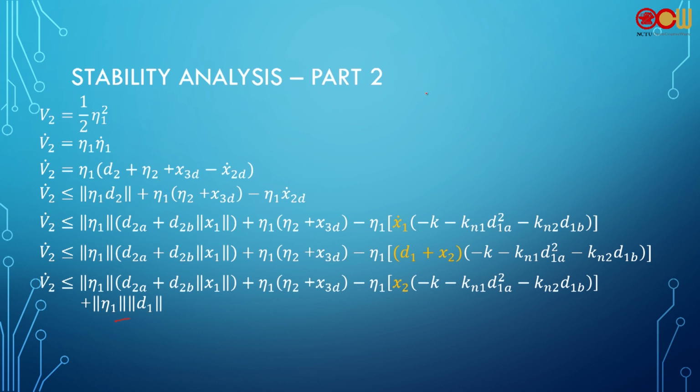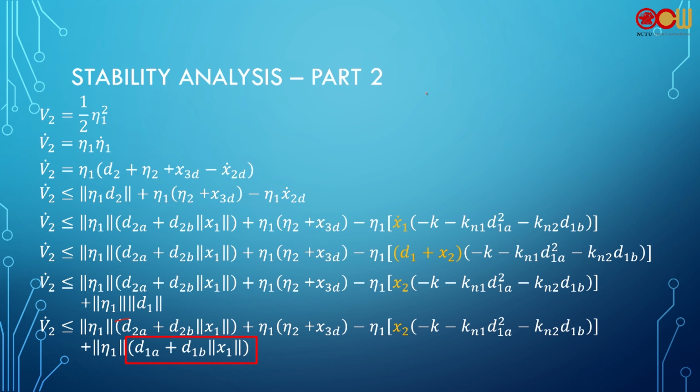So we further upper bound this equation by this. D1 times eta 1 can be further bounded by this. And D1 norm is upper bounded by another constant times the x1 norm. That's given by the problem it's trying to solve. So here, you just substitute the upper bound over the disturbances. That's it, right? We haven't regrouped anything.